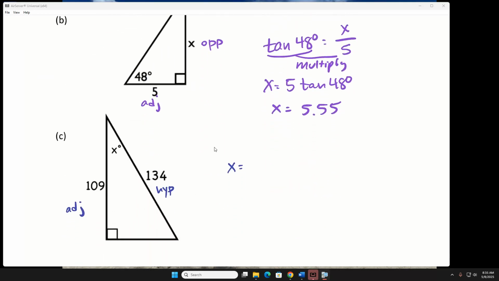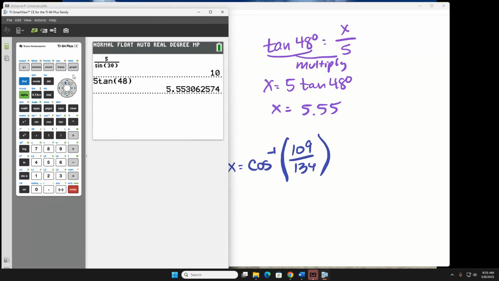So it's going to be the inverse cosine, since we're looking for the angle, of the adjacent over the hypotenuse. For inverse cosine, you use second cosine. I get that that angle is about 35.57 degrees.